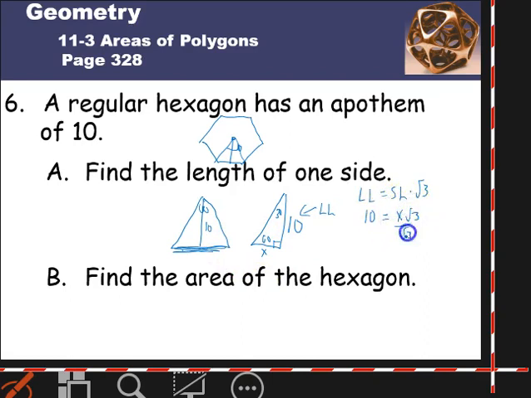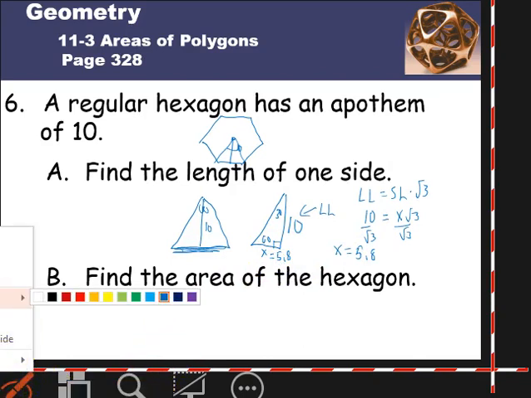So I'm going to divide both sides by radical 3, and I get 10 divided by radical 3, which is 5.8. So I know that this is 5.8, and that means that these are both 5.8 too.